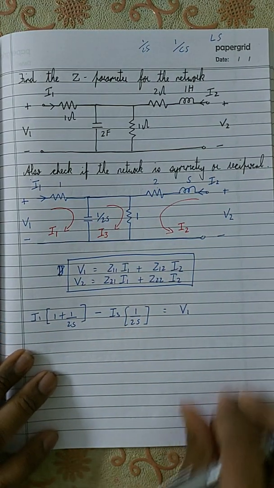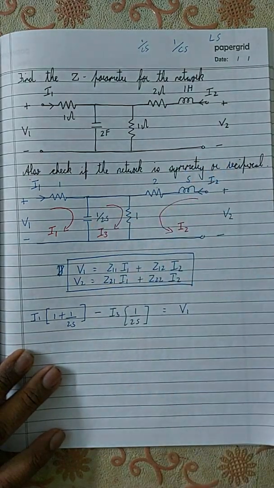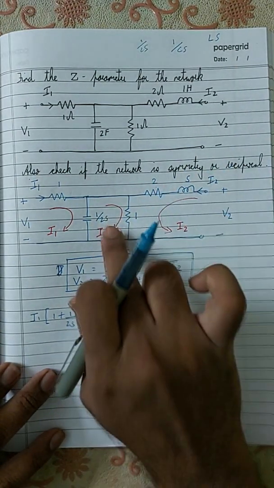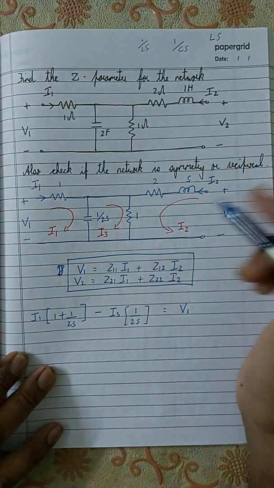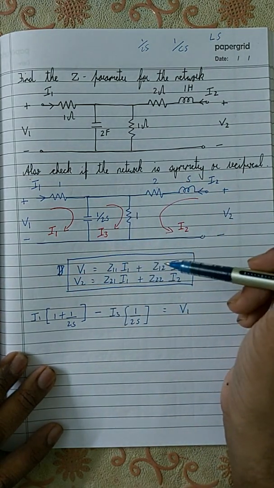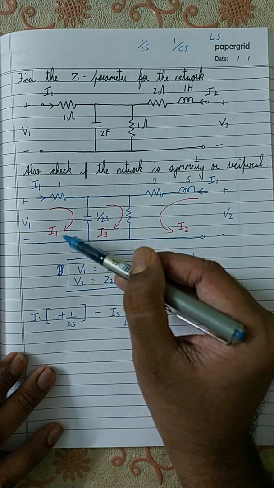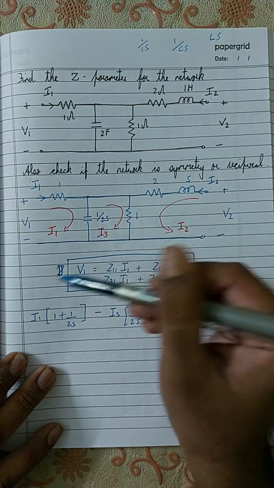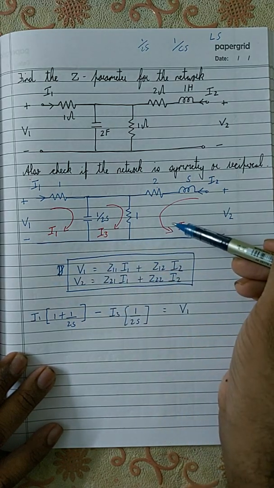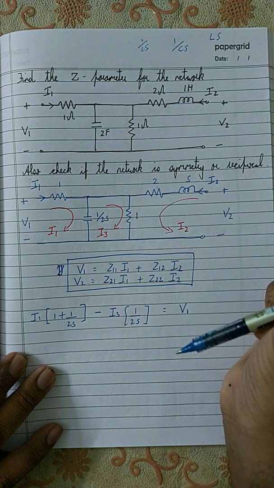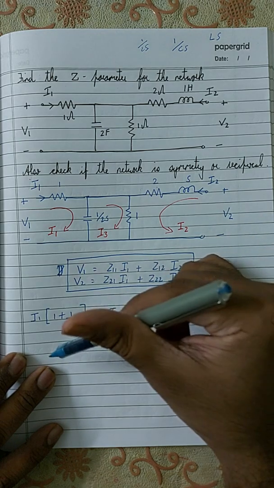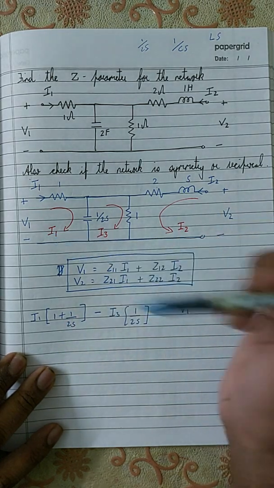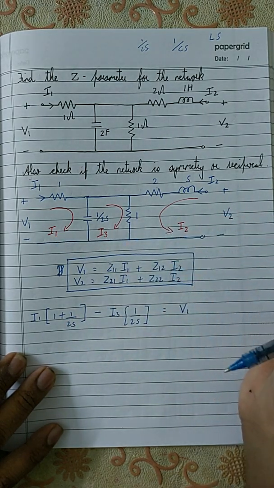Okay, now what about the equation for mesh 3? Let me write the equation for mesh 3. For this mesh, you can see that I1 is flowing in the opposite direction of I3, but I2 is flowing in the same direction as I3. So I1 is negative and I2 is positive, which means in the mesh 3 equation, I1 is negative, and I3 and I2 are positive.